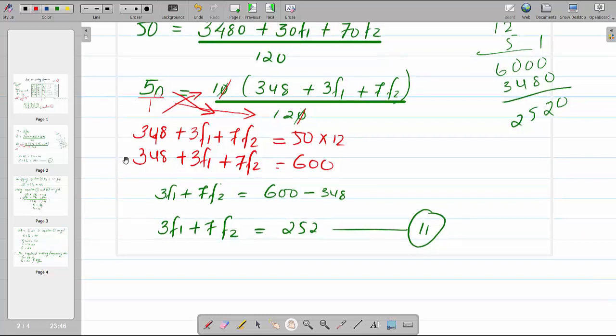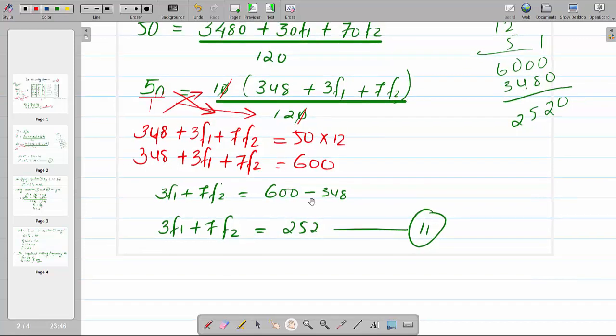Since it's a plus value here, if it goes to the other side it will become minus. So 3F1 plus 7F2 equals 600 minus 348. Now if you subtract, you will get 252. So this becomes equation number 2. The reason we have equations 1 and 2 is that this is how we will find the F1 value or F2 value.